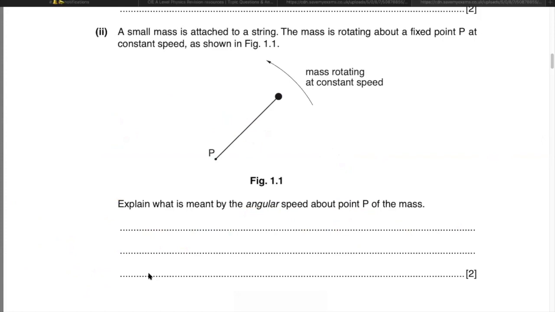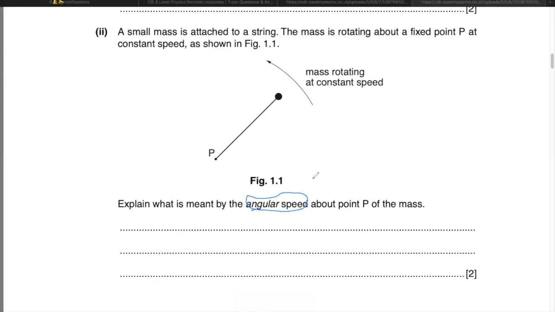Displacement, Sabina, displacement. Distance is not a vector. Yeah, it can ask angular velocity as well. That's a very good question. They mentioned angular speed, but I also said that we can use both, angular speed and angular velocity.